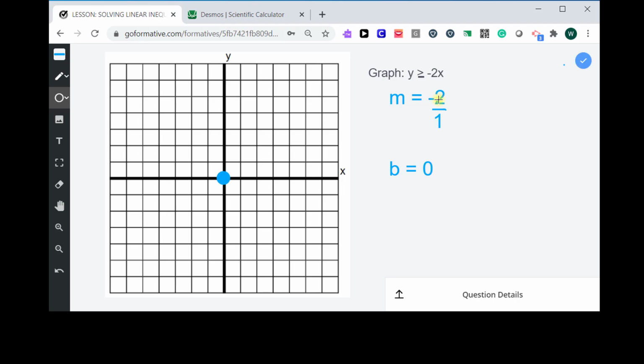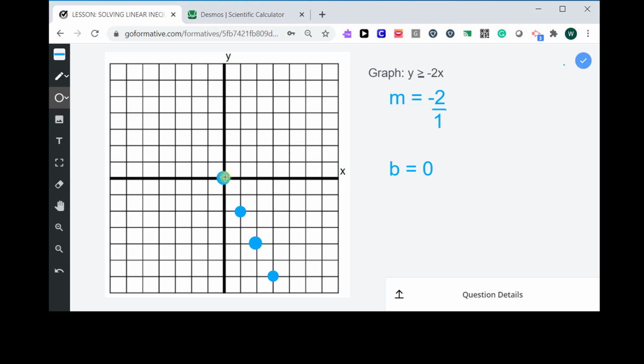And looking at the slope, that means that I'm going to go down to the right 1. So I'm going to go down to the right 1, and I make my next circle, and then down to the right 1, make my next circle, down to the right 1. And then once I finish the right side, I can go back to the starting point, which is the y-intercept, and I do the very opposite.